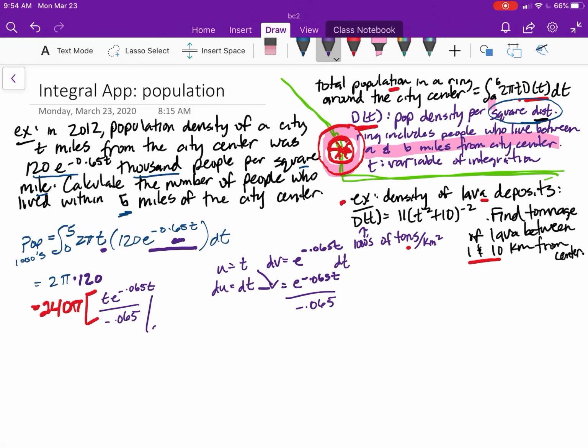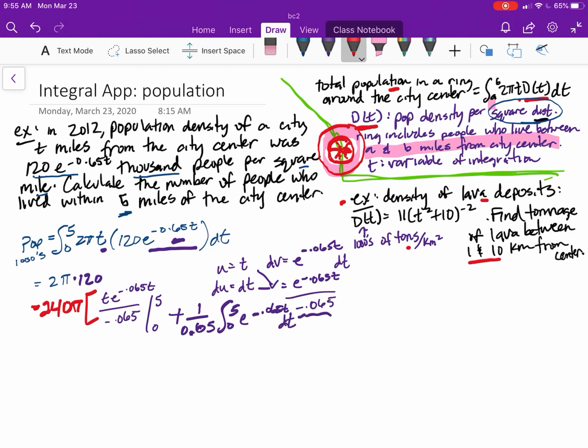We range that from 0 to 5. minus v du. So I'm going to go ahead and factor out that negative 0.065. So let's make this a positive 0.65, 0 to 5, e to the negative 0.065 t dt.